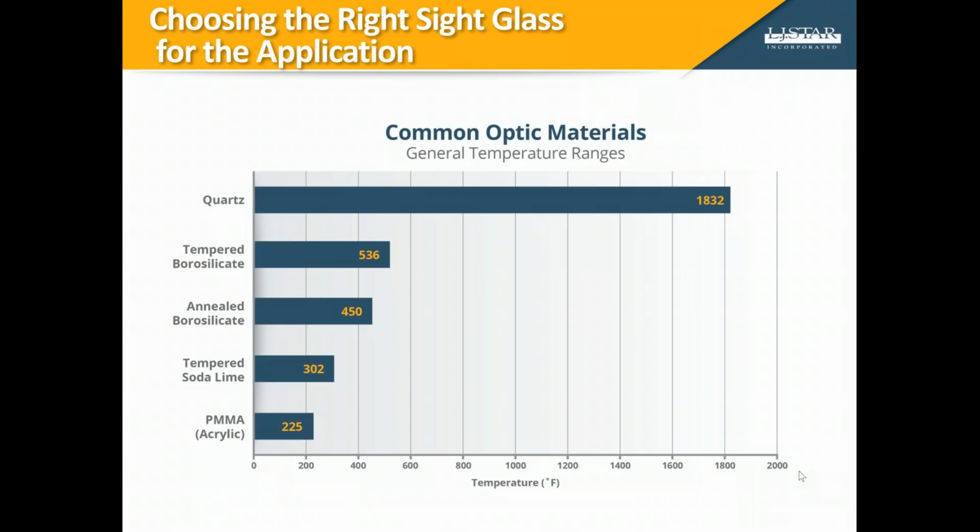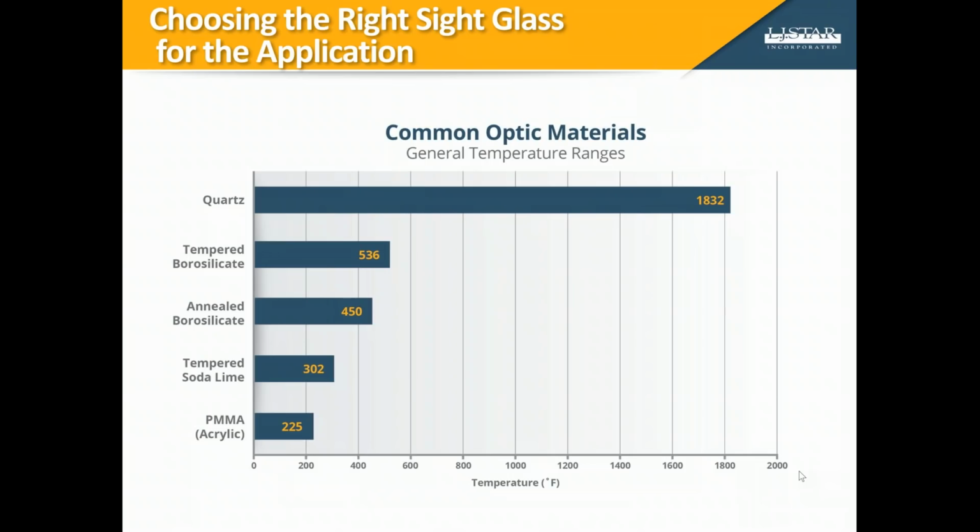Choosing a sight glass based on the type of glass depends on a number of things. The application's temperature, how the process chemicals react to the glass, and the level of pressure involved all play a role. Here are the operating temperature ranges for some common optic materials that have been used in sight glasses.